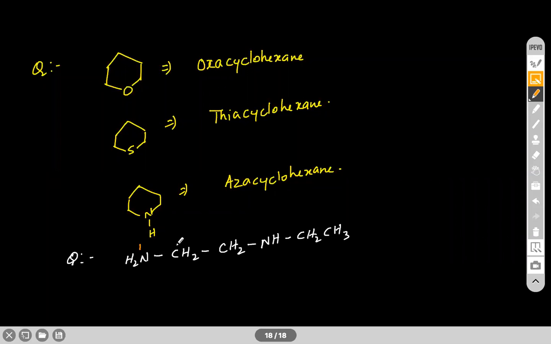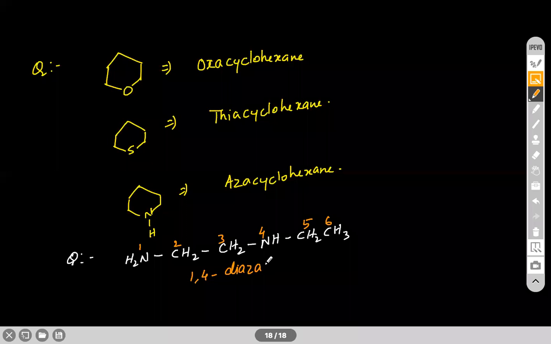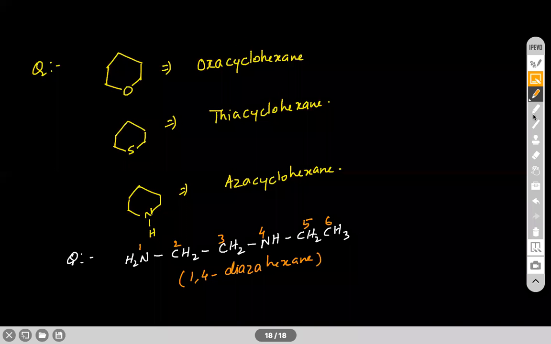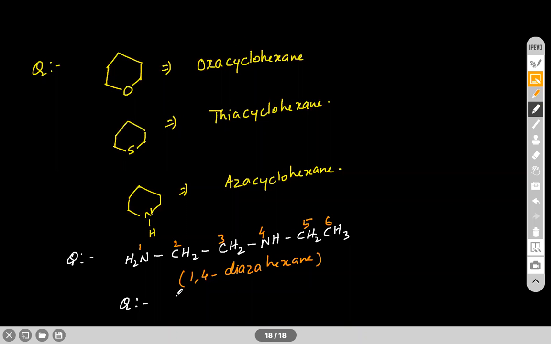So 1, 2, 3, 4, 5, 6. The lowest sum rule will be followed for nitrogen atoms. So a total of 6 atoms here. So we'll write 1,4-diazahexane.